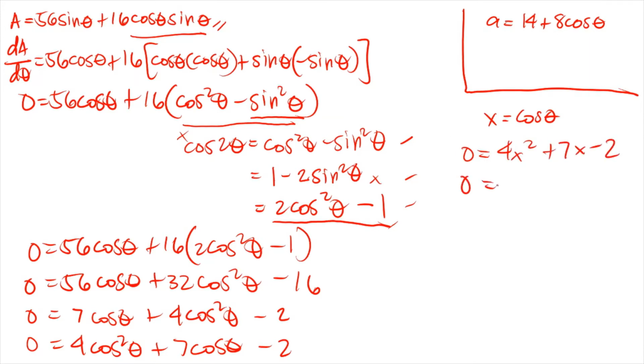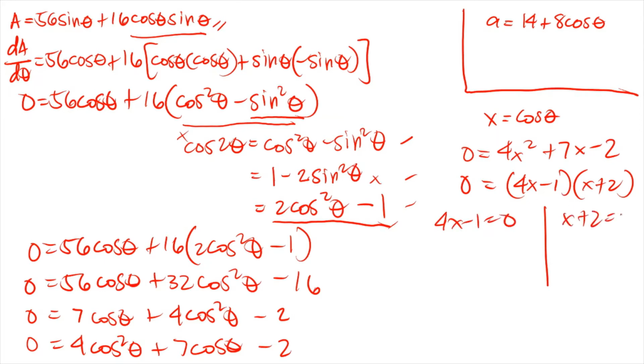Factoring, we get 4x minus 1 times x plus 2, right? So we have two solutions. 4x minus 1 equals 0 and x plus 2 equals 0, where x is cosine theta. So 4 cosine theta minus 1 equals 0, then cosine theta plus 2 equals 0.